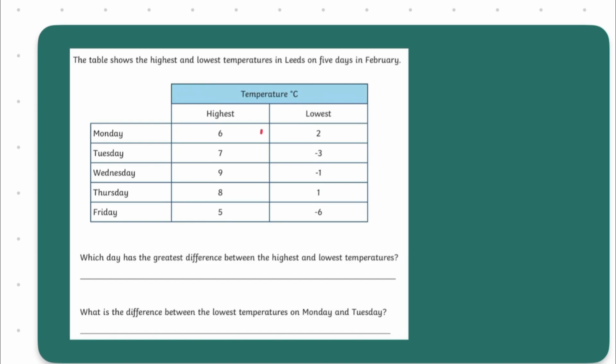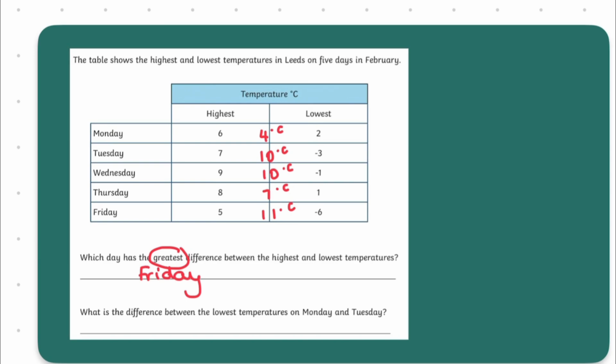So 6 to 2 gives us 4 degrees difference. 7 to -3 gives us 10 degrees difference. 9 to -1 gives us 10 degrees difference. 8 to 1 gives us 7 degrees difference. And 5 to -6 gives us 11 degrees difference. So Friday has the greatest difference between the highest and lowest temperatures.